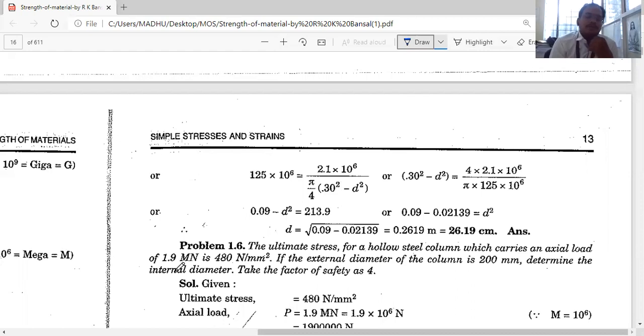Here the load acting is 1.9 meganewton, and the ultimate stress is given, but for this type of case we should design not for ultimate stress, we should design for working stress. So with the help of ultimate stress, we have to design this for determining the internal diameter of the column.